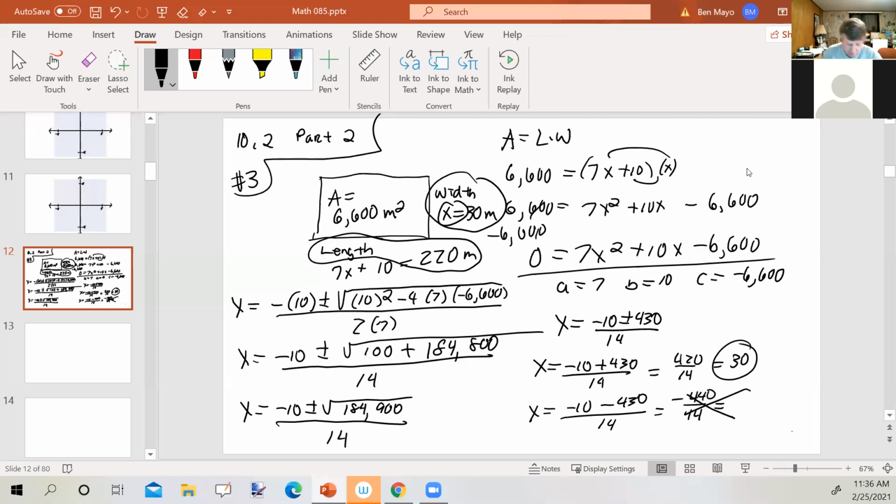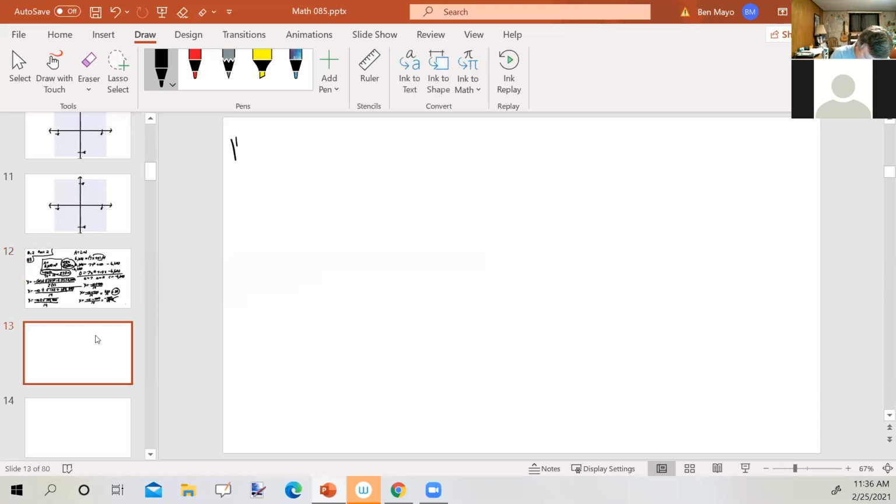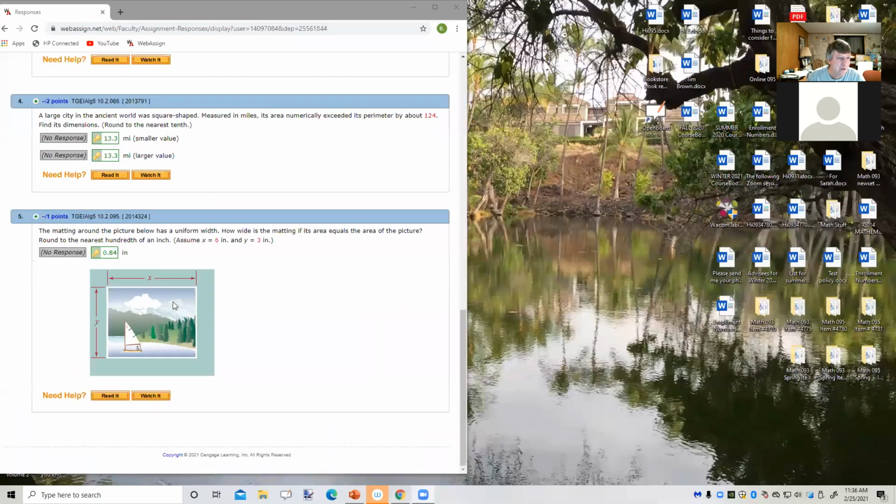All righty. We're going to take a look at number 4 in that same section. Let's go back and look at the WebAssign situation. Number 4, it says, a large city in the ancient world was square-shaped.